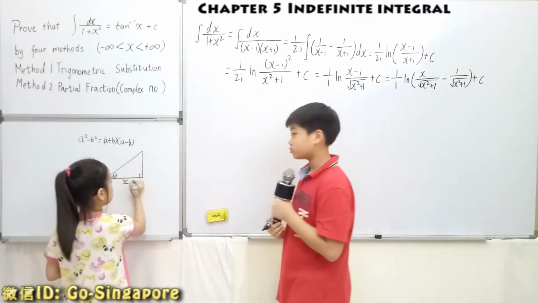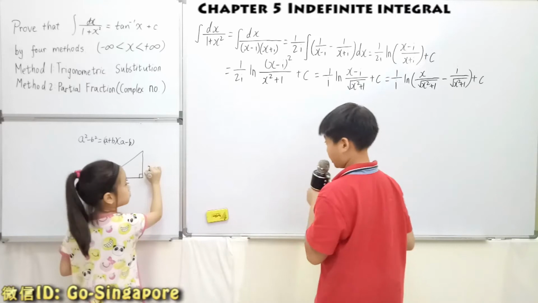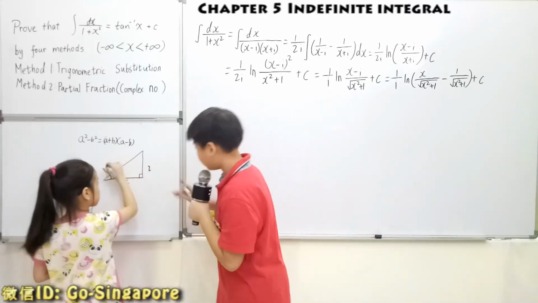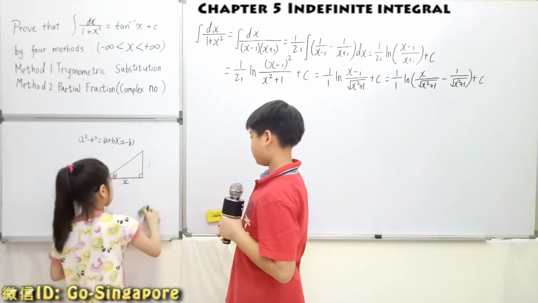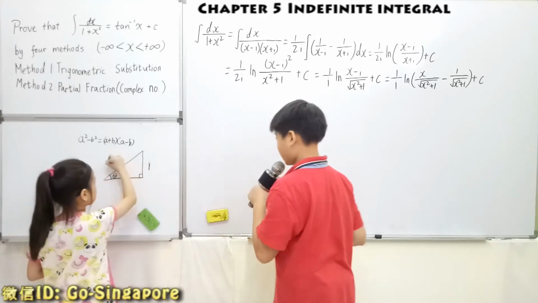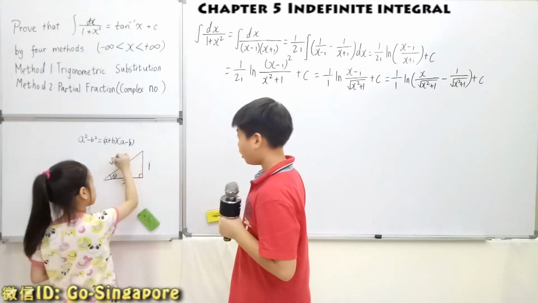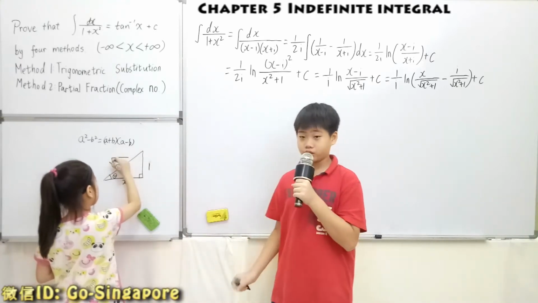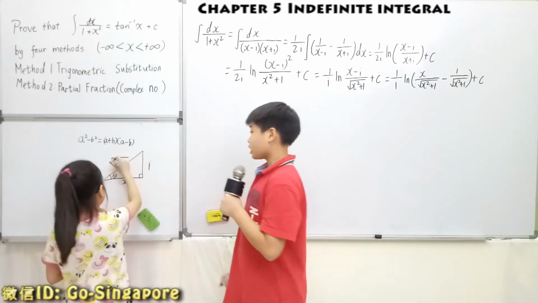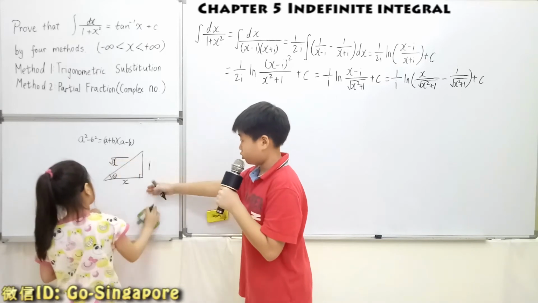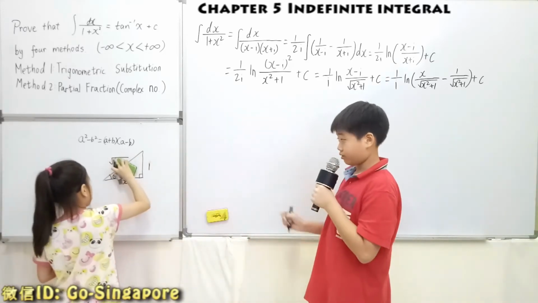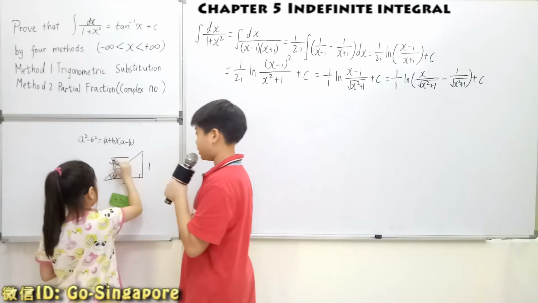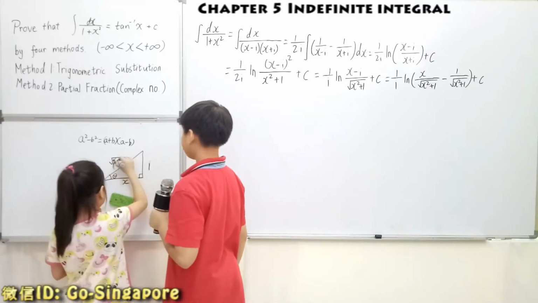Yes. Wait, this is a 1. Yes, and that is the y-axis. So here you use the Pythagoras theorem. And it's because of these two, we use the Pythagoras theorem to find the hypotenuse, right? Yes. Quickly.